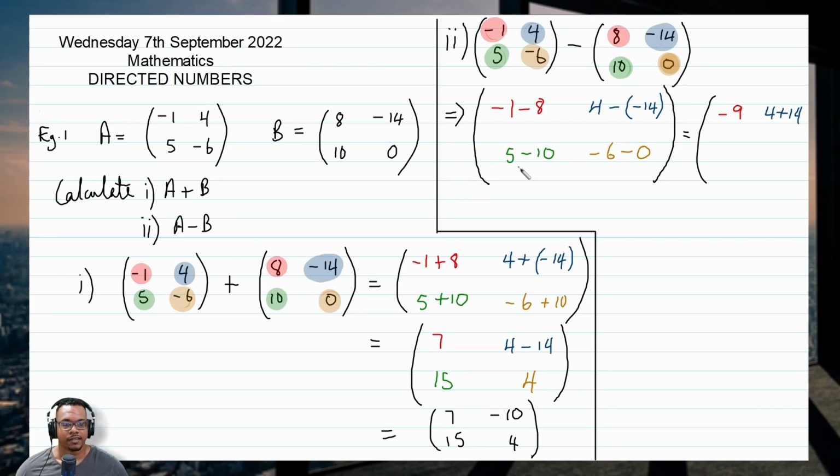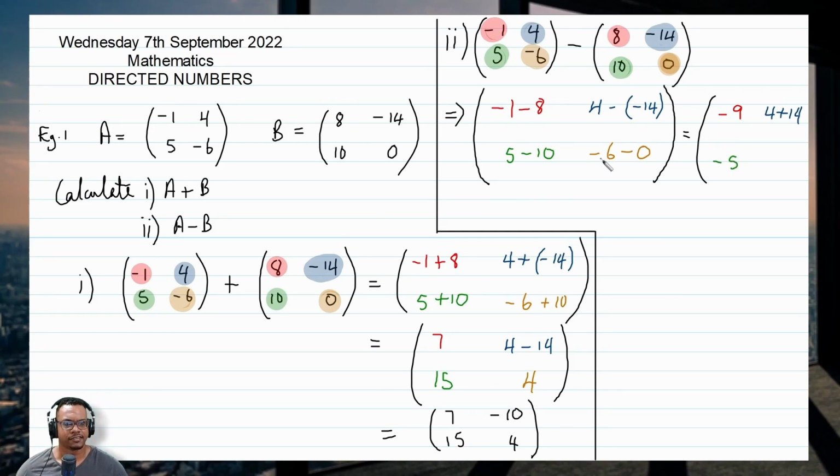Then we have 5 take away 10. 10 is the bigger magnitude and the sign in front is negative, the sign in front of 5 is positive, so the signs are different, so we subtract 5 from 10 and get 5. But the answer will be negative because 10 is the bigger magnitude and the sign in front is negative. So we get negative 5.